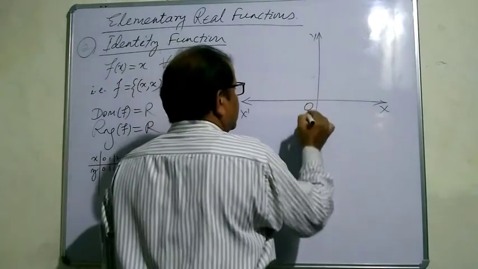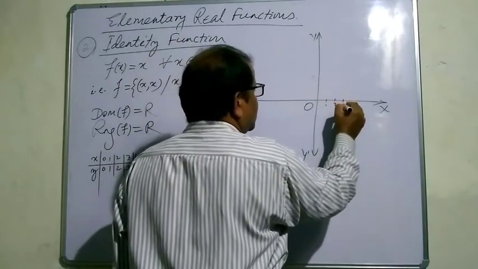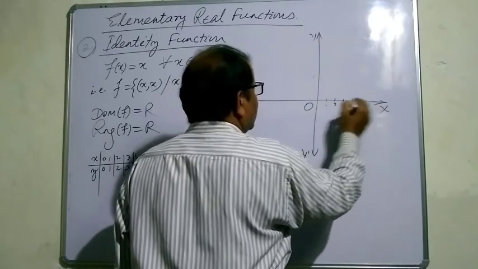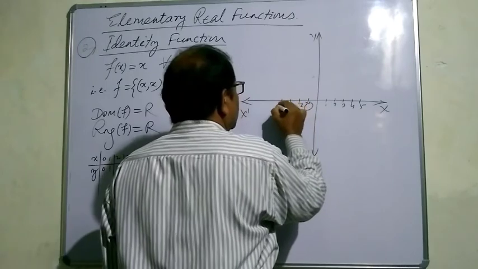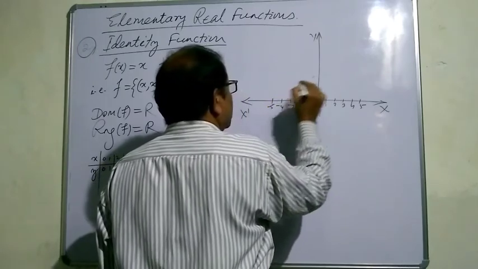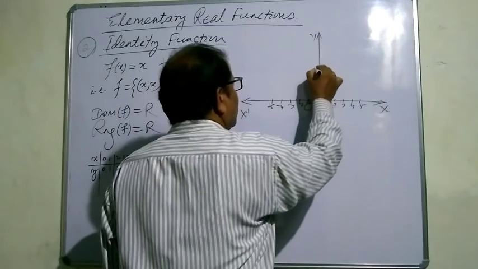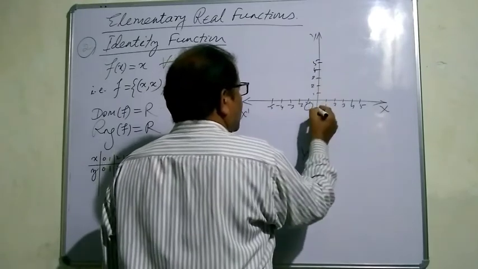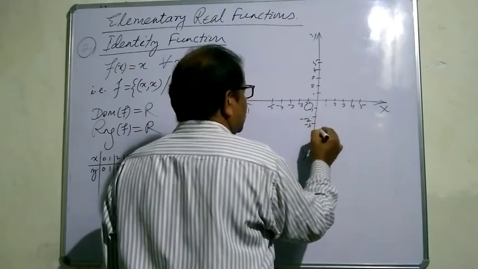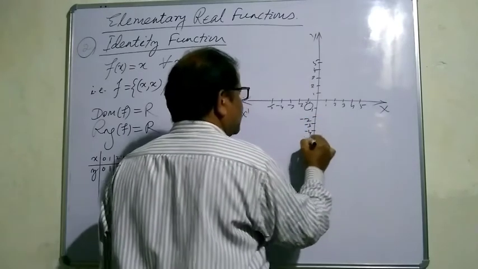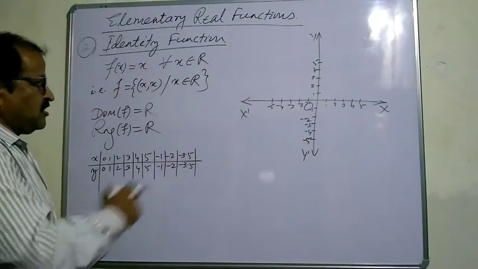It is 1, 2, 3, 4, 5, minus 1, minus 2, minus 3, minus 4, minus 5 on each axis. We have to draw the graph.